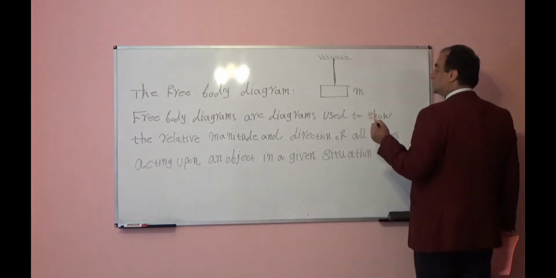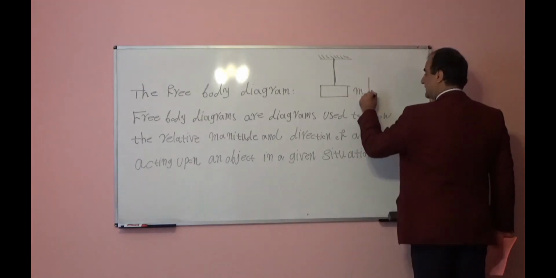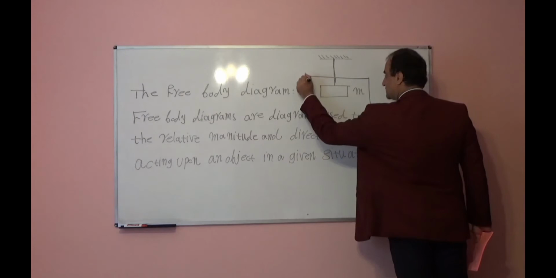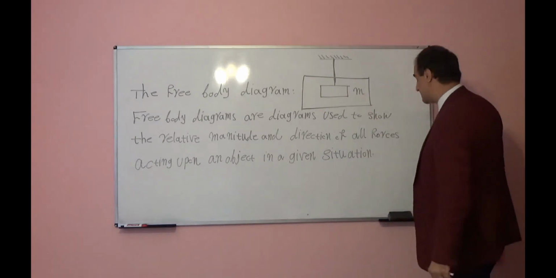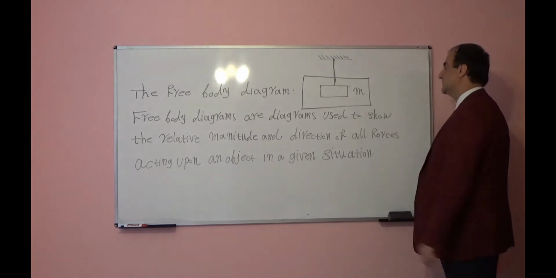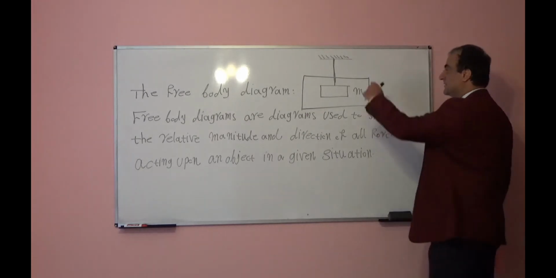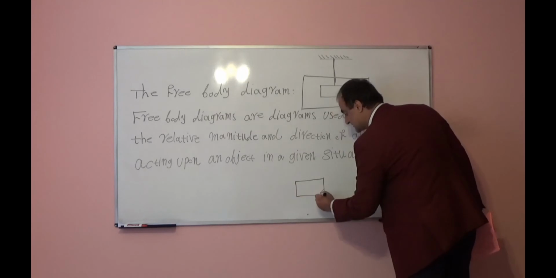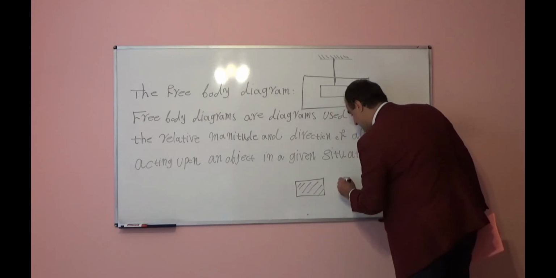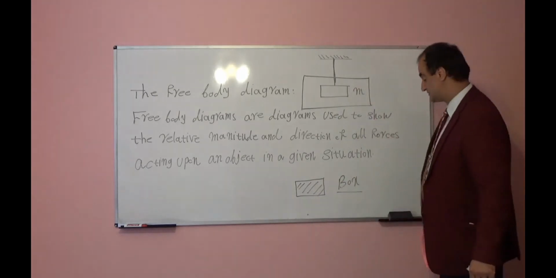So in order to draw the free body diagram, first we will release this object or particle from the surroundings. We will cut that, and we will look at the box. Now, what are the effective forces acting on this box?